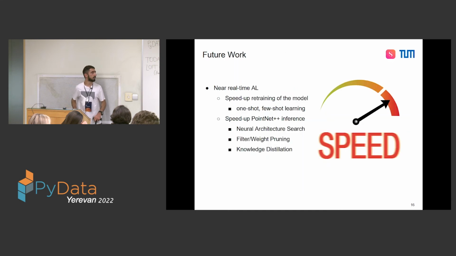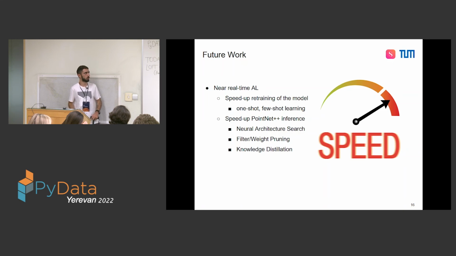Finally, I also want to talk a little bit about future work, currently I would say present work. The problem with these active learning methods, as you could guess from the presentation, is the speed at which they operate. Imagine we want to implement them in an annotation tool.